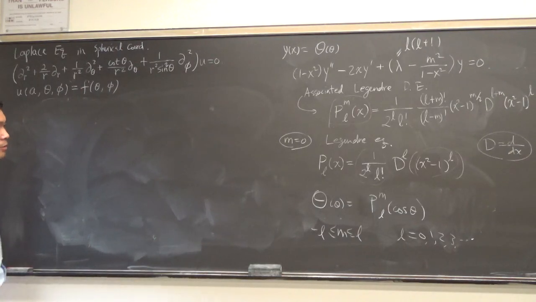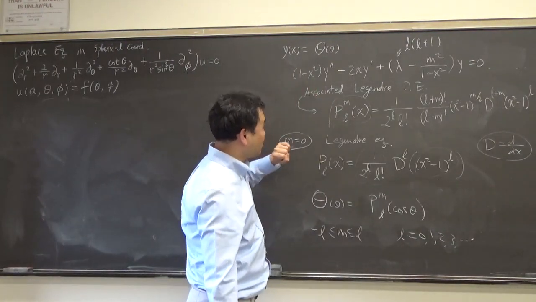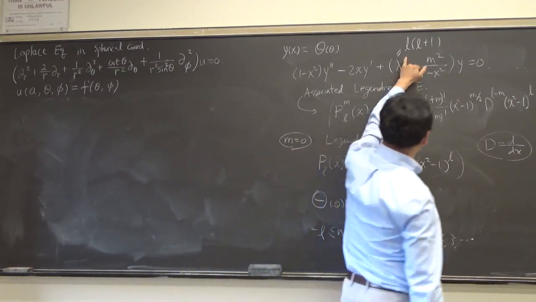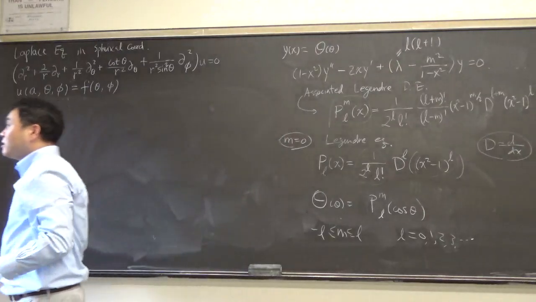Okay, so that's one thing that we got from the associated Legendre differential equation, but we also got something as a bonus, that lambda should be L times L plus 1. Now why am I saying that?